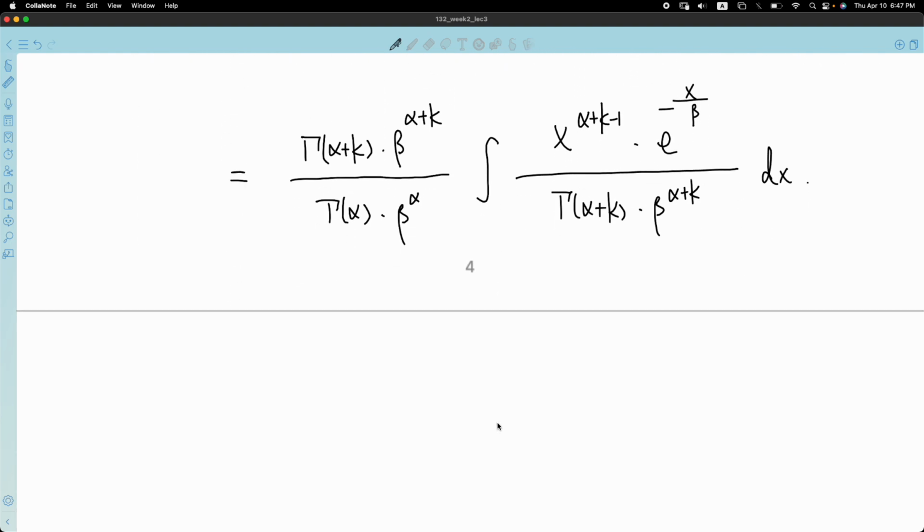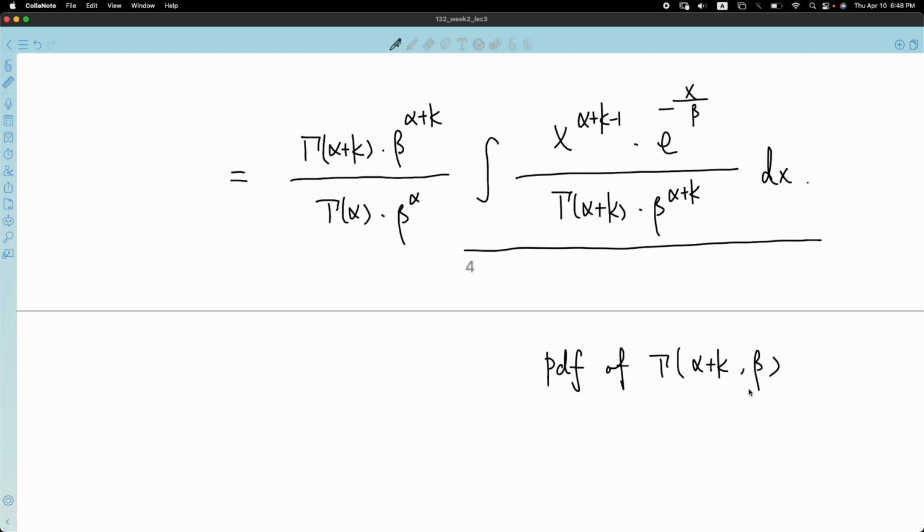So I'm claiming that the thing that I'm underlining here is a probability density function of a gamma distribution with the parameters alpha plus k and beta, after I bring in the denominator inside that.